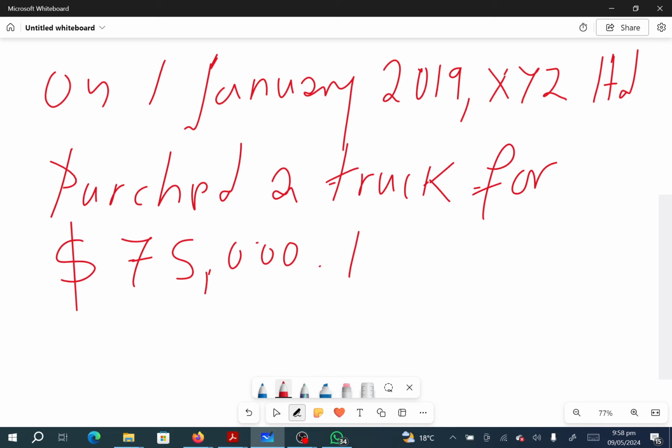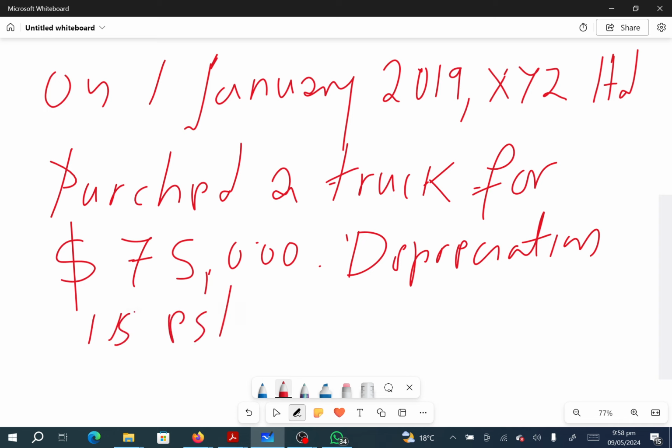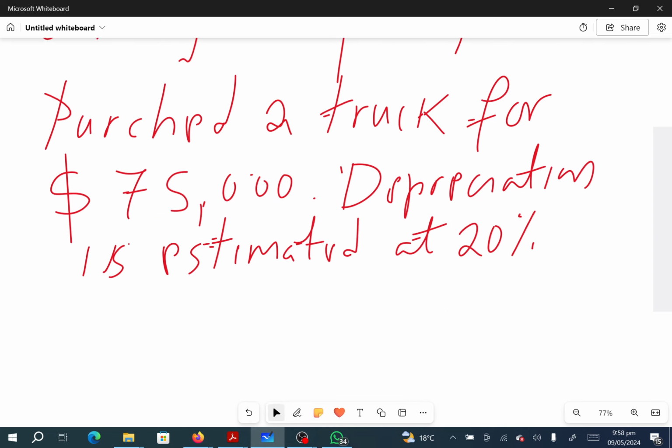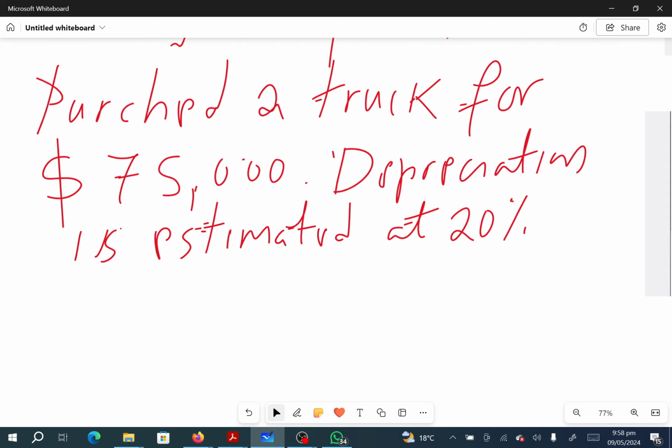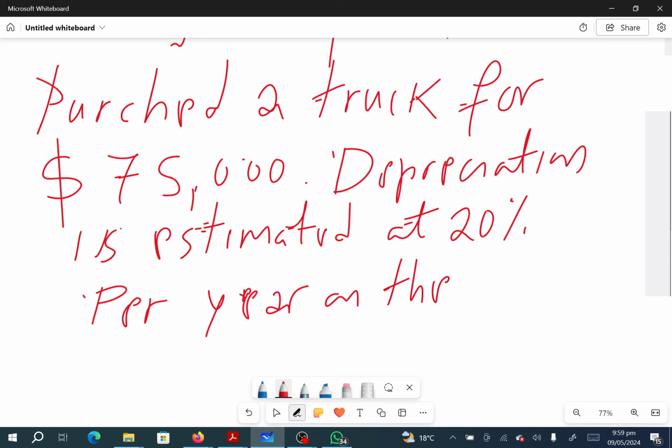And depreciation is estimated at 20% per year or per annum, on the book value. Full stop.